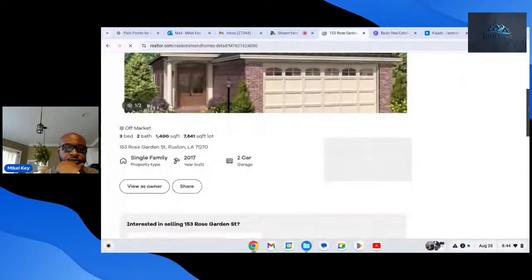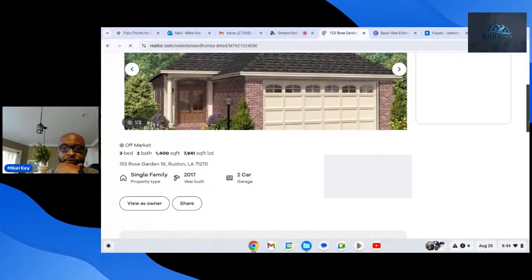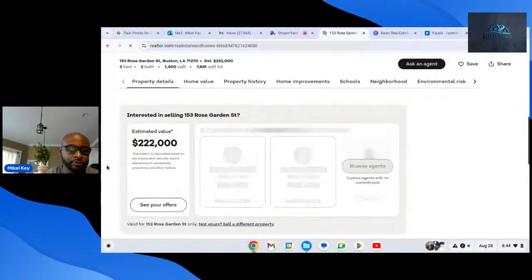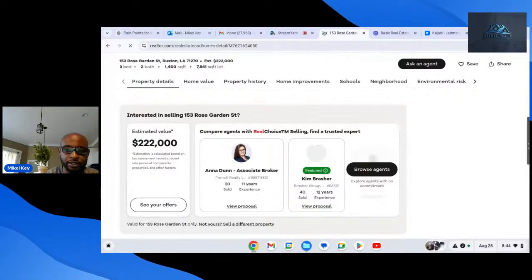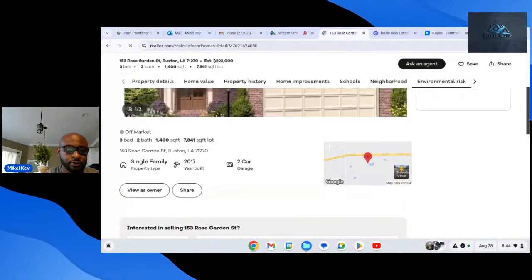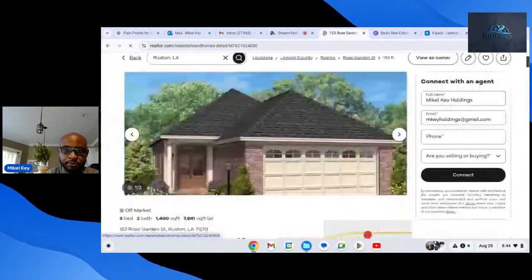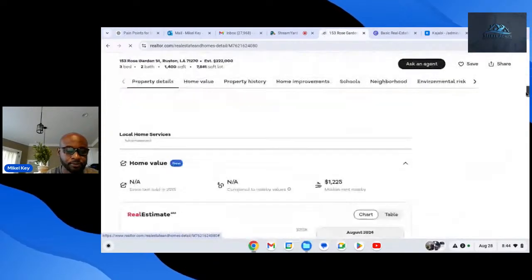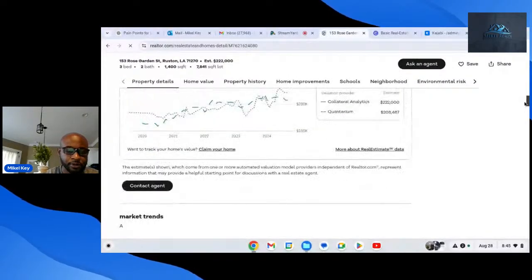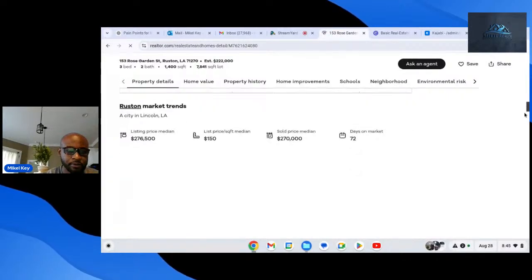So, an off-market property, 3-bedroom, 2-bath, 1,400 square feet. And this is on realtor.com, guys. The estimated value is $222,000. Now, let's go down.